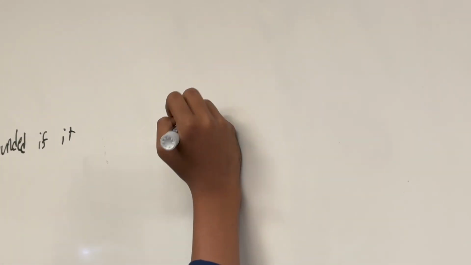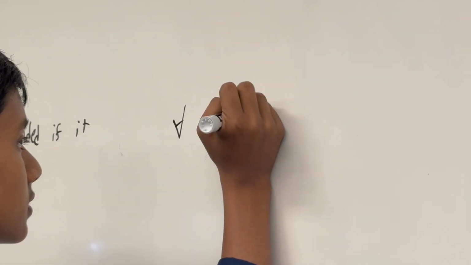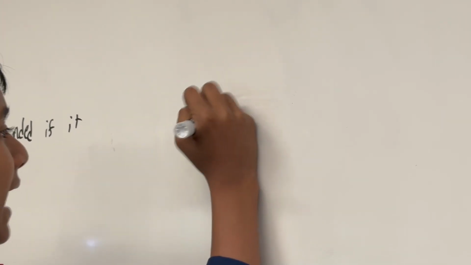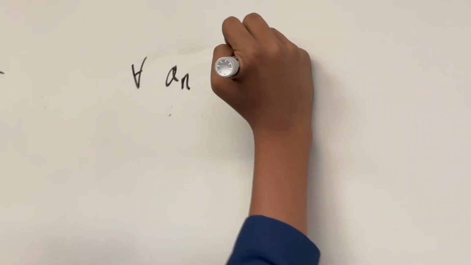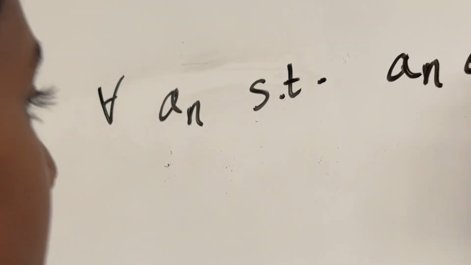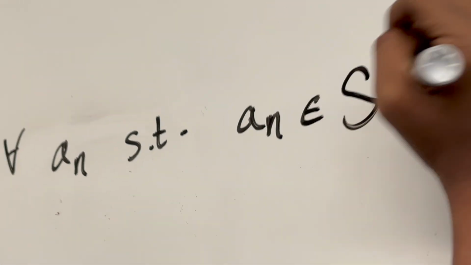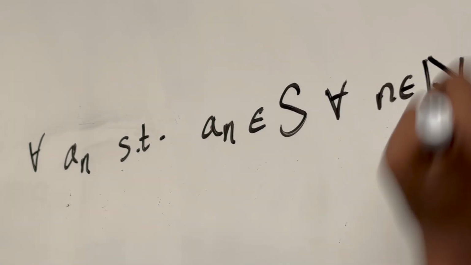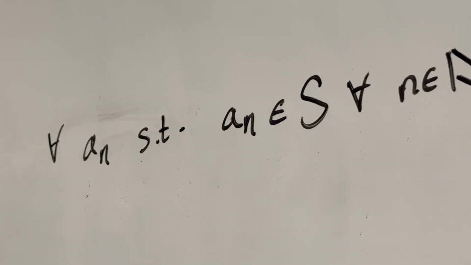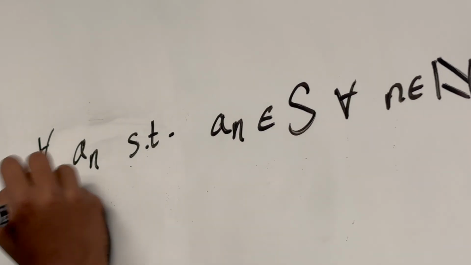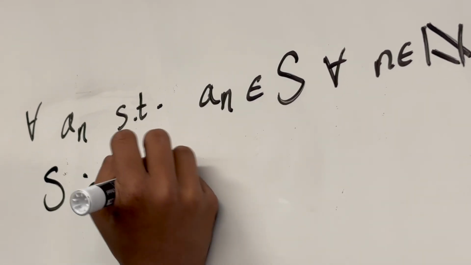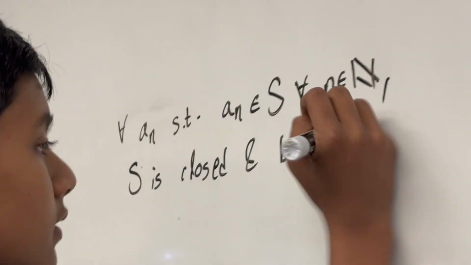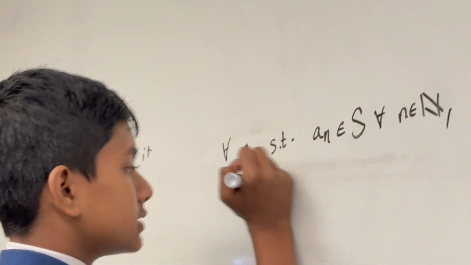For all sequences, or rather, for all a_n, such that a_n is in our set for all natural n. So for all of these sequences, S is sequentially compact.